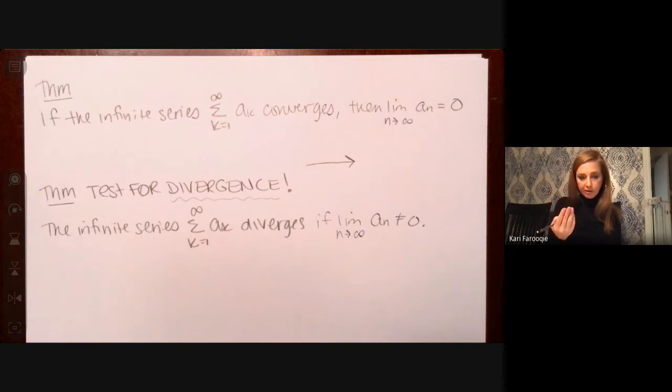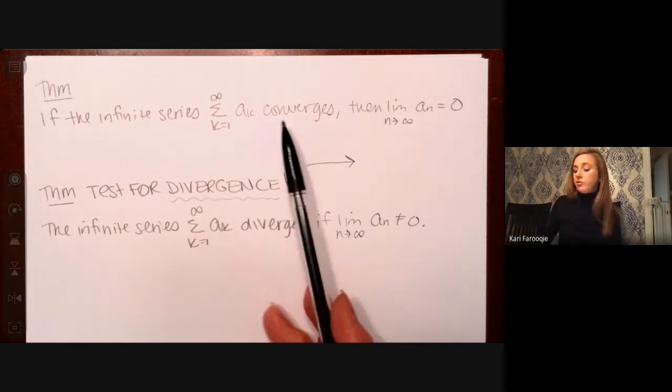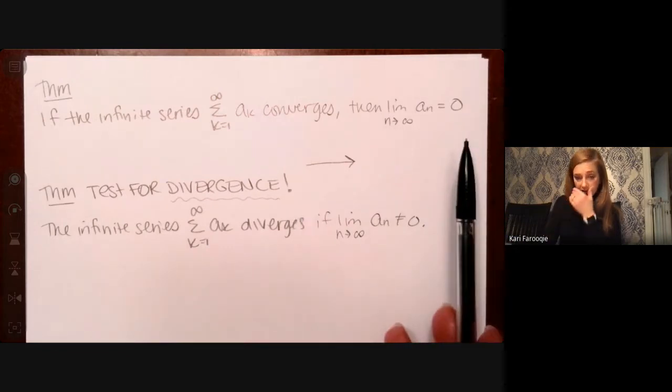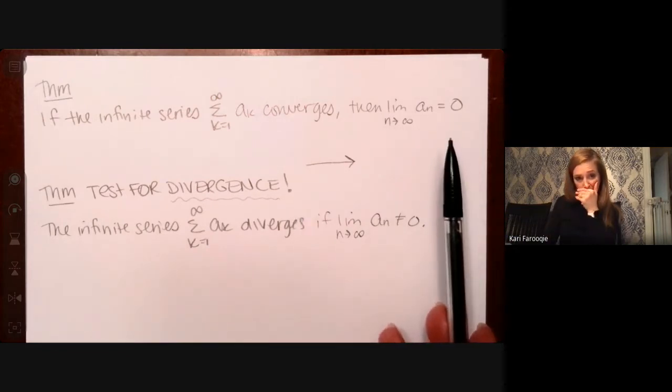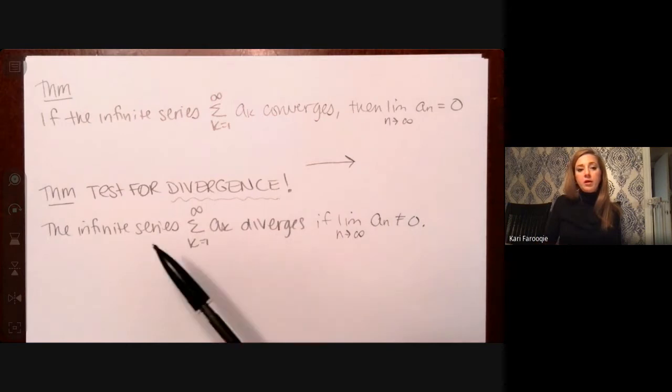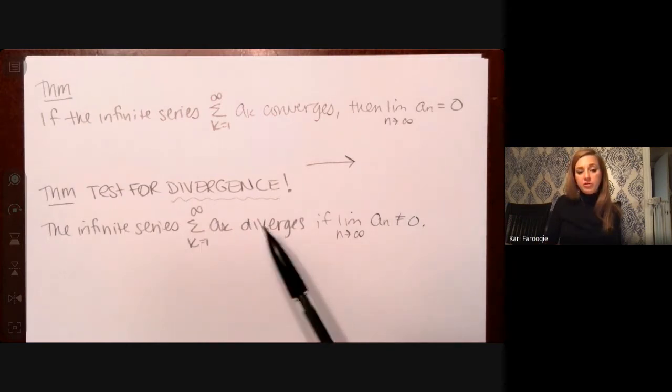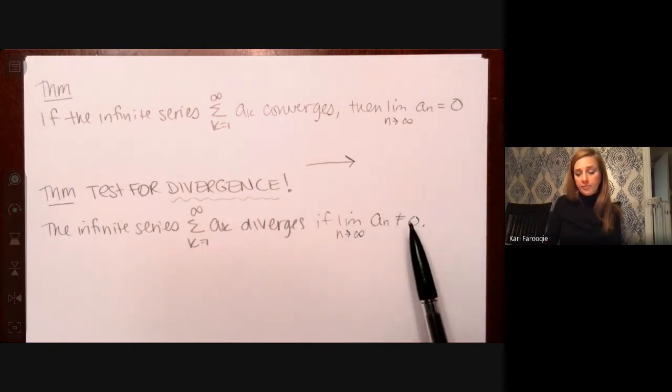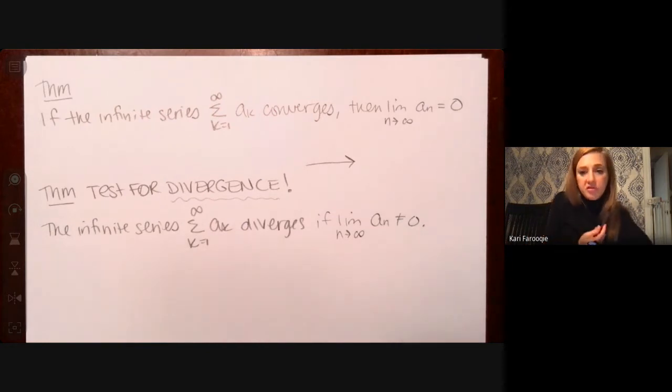Okay, so this is a direct conclusion from the previous theorem. If the series converges, then it must be the case that the limit is 0. The series diverges if the limit is not equal to 0. So the way you're going to use this test is if I give you a series and I say, does this converge or diverge?